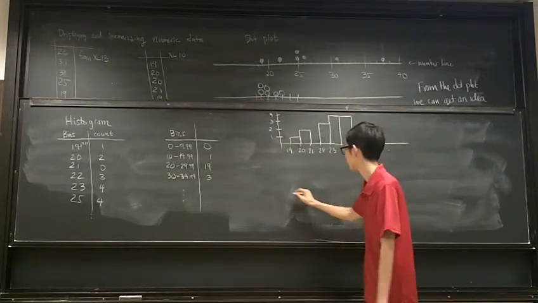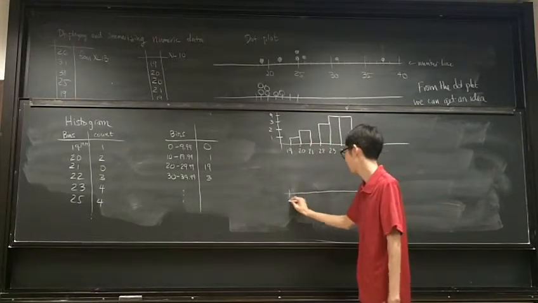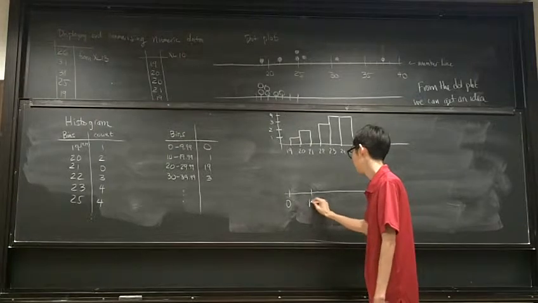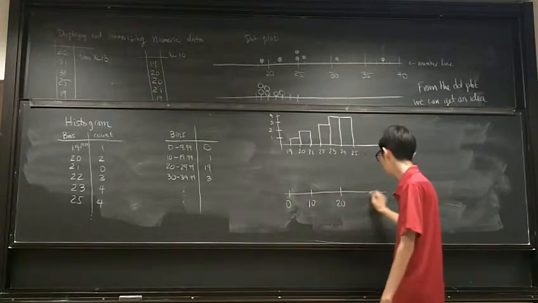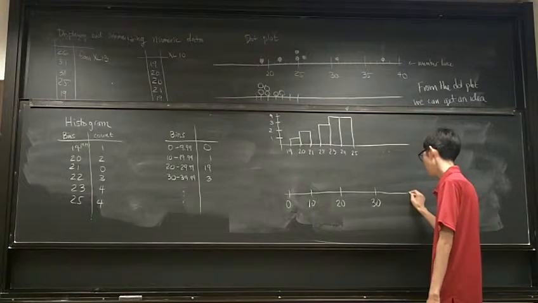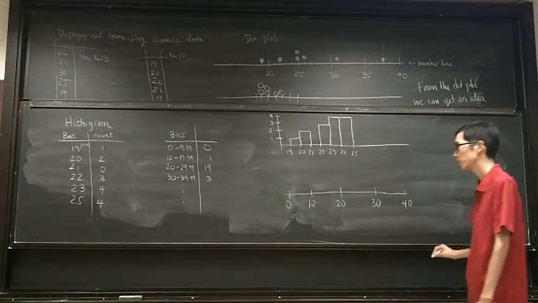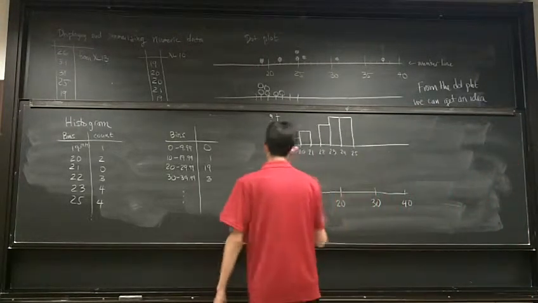Whereas with this one, my bars go from 0 to 10, 20, 30, 40.